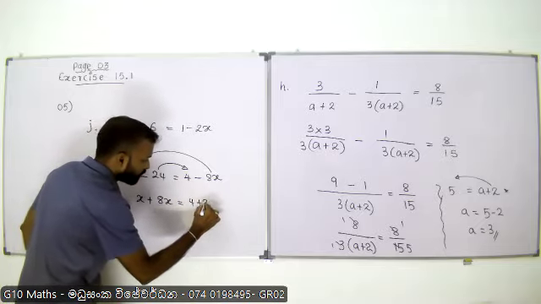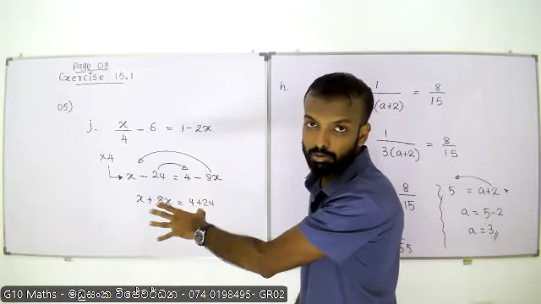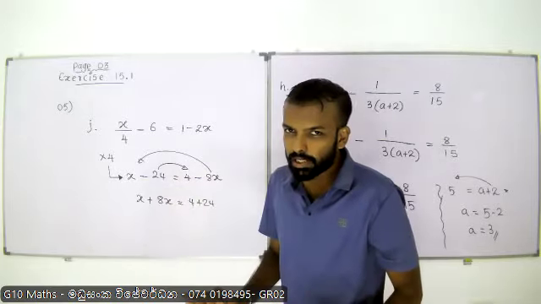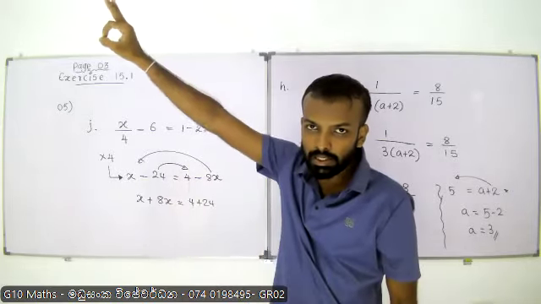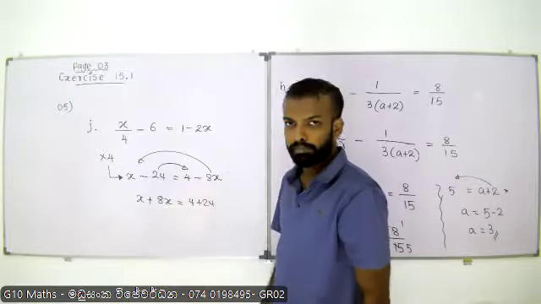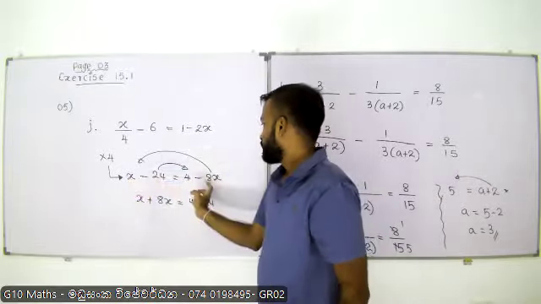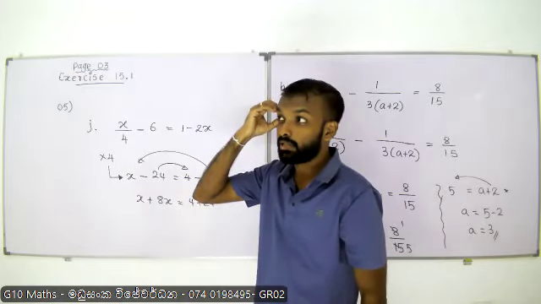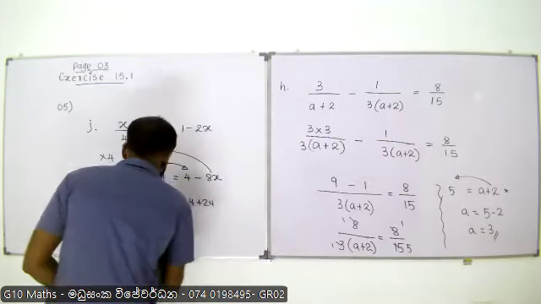Now you can do this simplification in the same step, on the spot. But if you are not good at that, until you get there, you have to follow this step. Right? x plus 8x, 1 plus 8 is 9x.